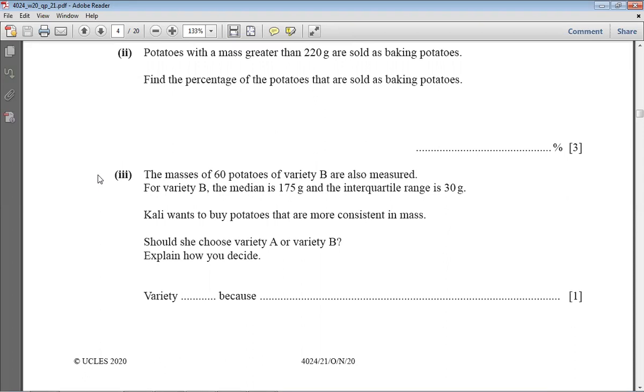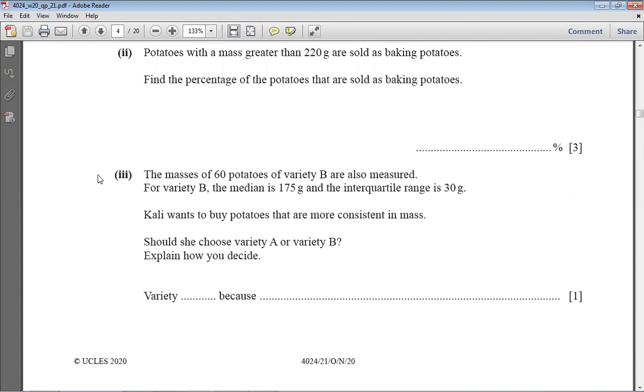Explain how you decide. You see, consistency means that there are more of the same potatoes. Some potatoes will be very large, some will be very small. That's not consistent. So we are looking for the one that is more consistent. The cumulative frequency curve shows consistency through the interquartile range.